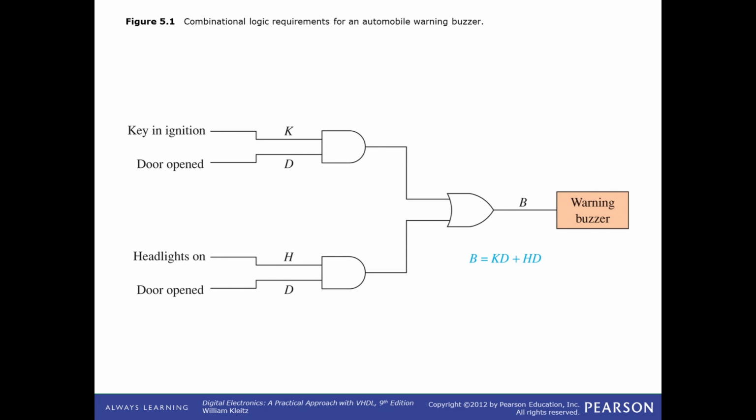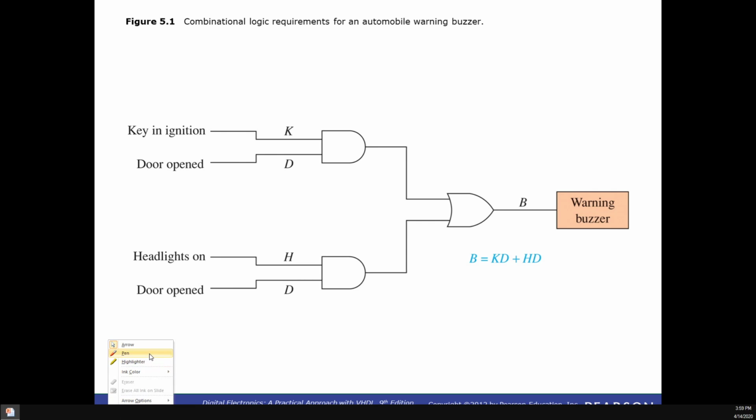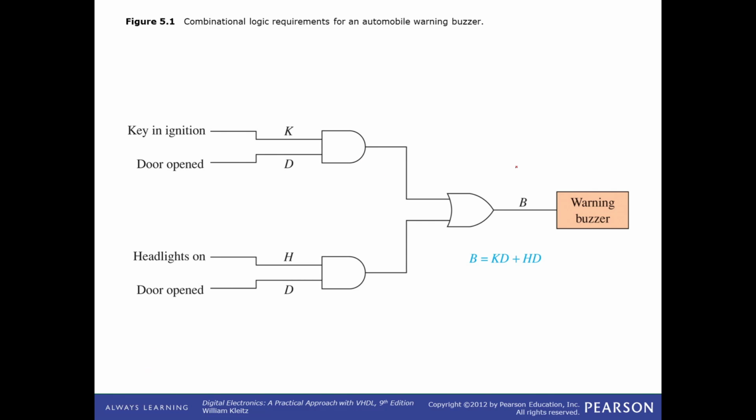As an example, let's say you want a warning buzzer in your car to go off when one of two conditions is met. This is where they got the sample equation we just saw. We want the buzzer to go off if either condition 1 or, and that's where this gate comes from, condition 2 happens.